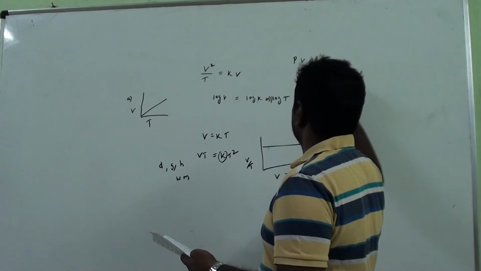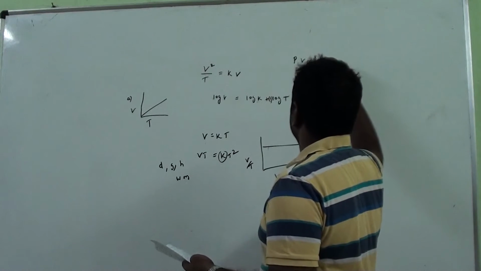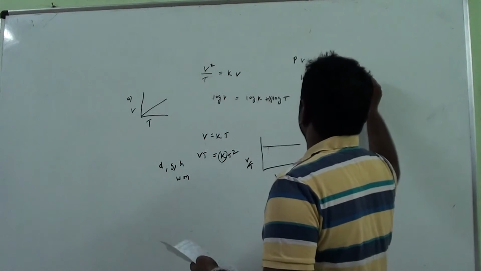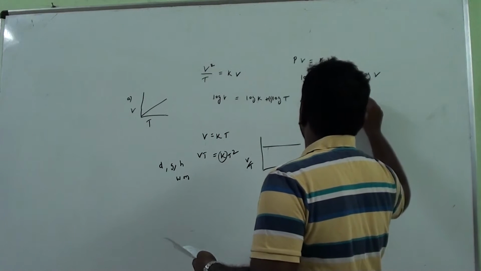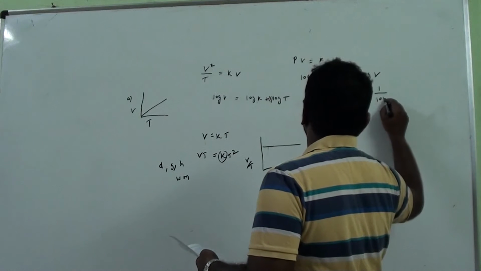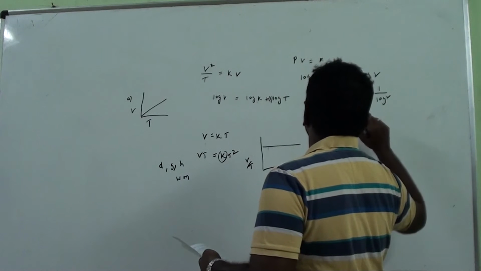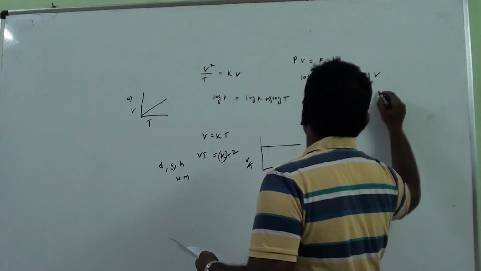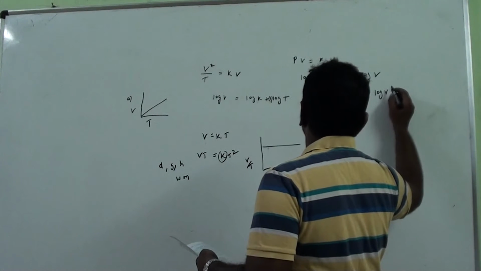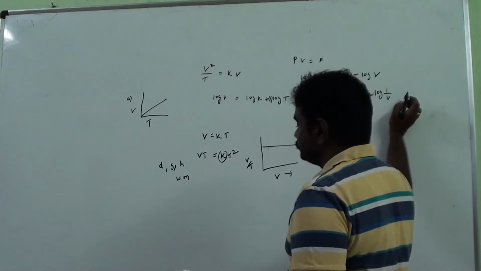Now log P equals log K by V, that means minus log V. Or you can write log K plus log V to the power minus 1. Log V to the power minus 1 is nothing but log 1 by V. Correct? Yes, sir. Log 1 by V.